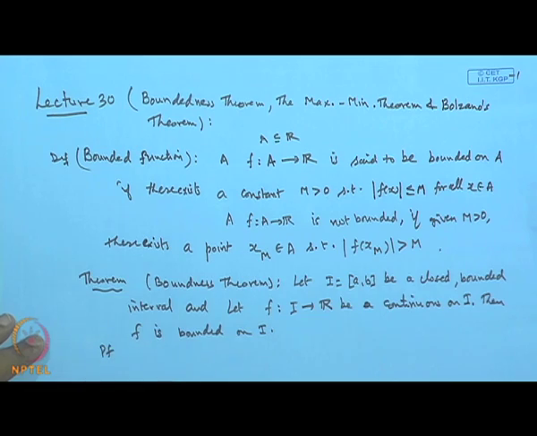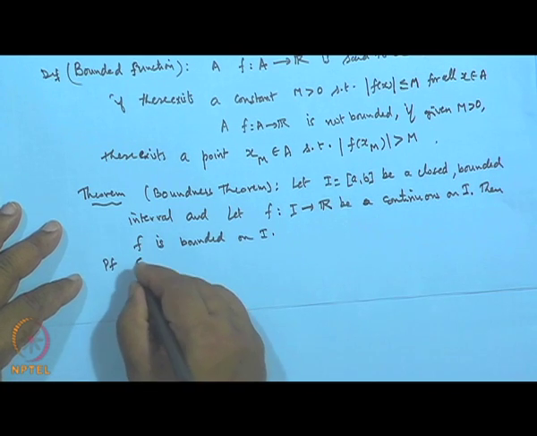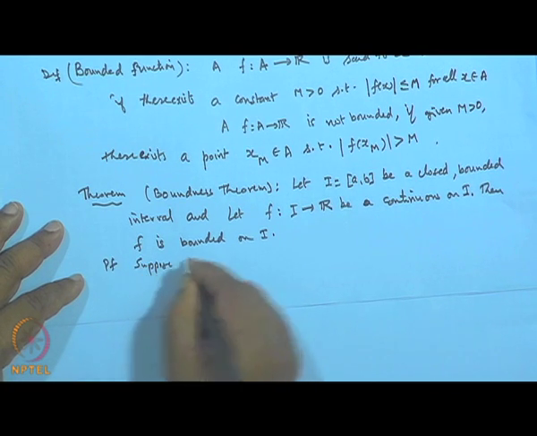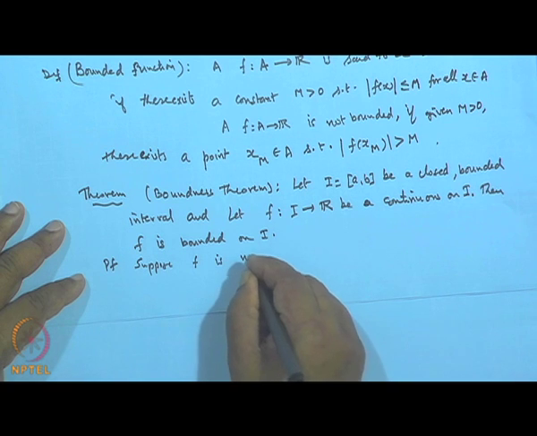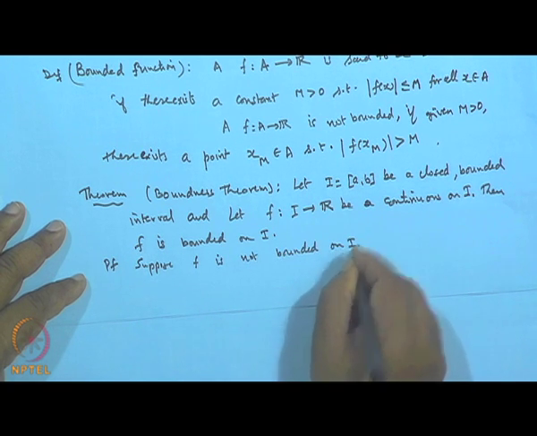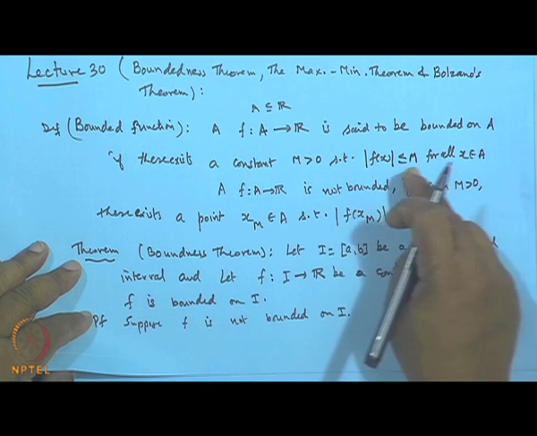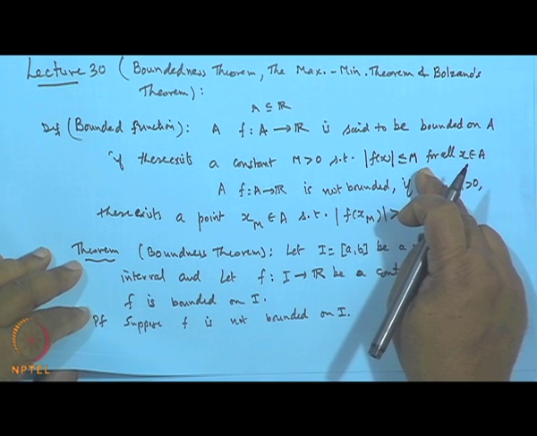Proof. We will prove by contradiction. Suppose f is not bounded on I. So, by definition, we cannot find an m such that the mod of f(x) is less than or equal to m.